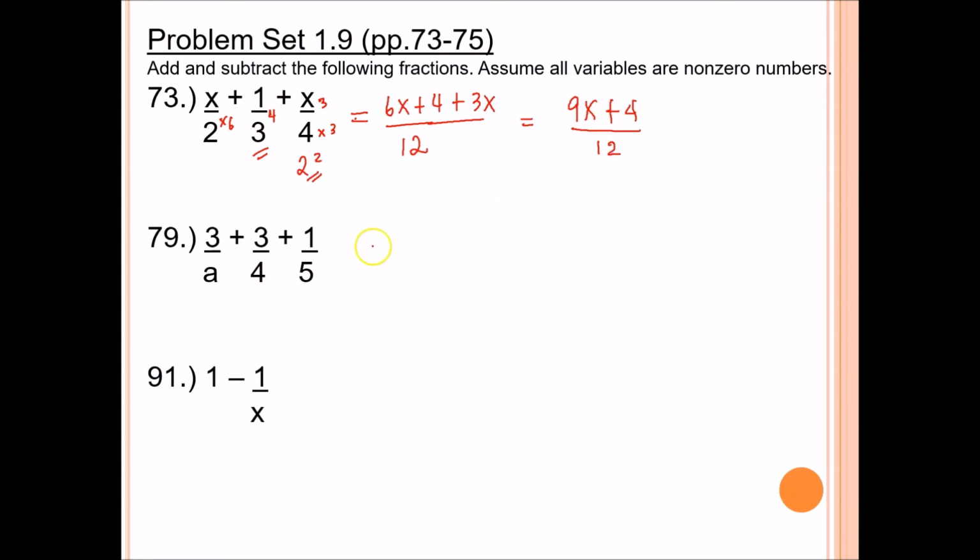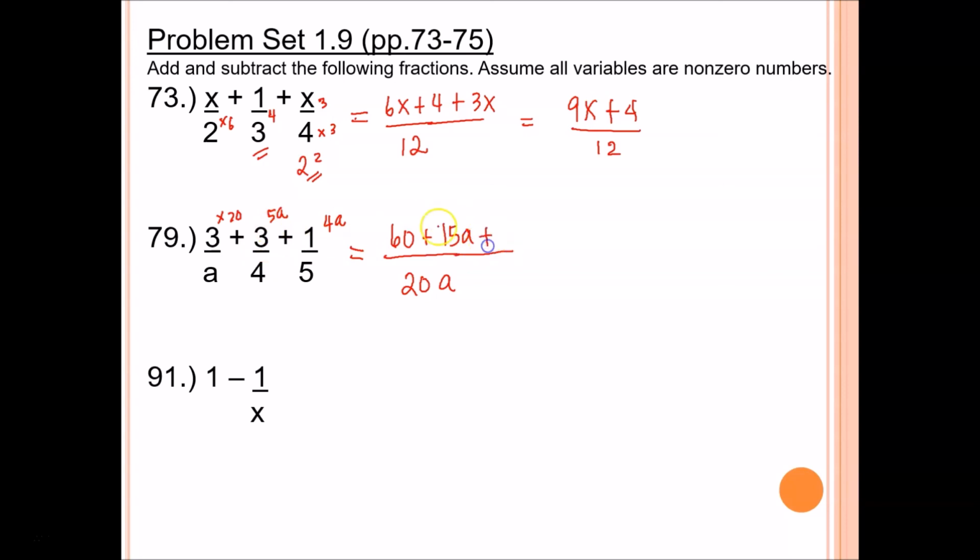Number 79. What is our LCD? 4 times 5 is 20 times a is 20a. So to get 20a, we multiply the first one by 20. The second we multiply by 5a. And the last one we multiply by 4a. So 3 times 20 is 60 plus 3 times 5a is 15a.